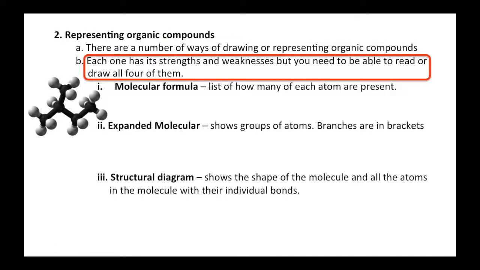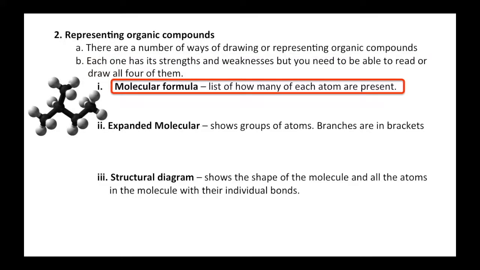Each has its strengths and its weaknesses. So let's take a look at what I mean by that. So there's a molecular formula. It just lists all the atoms like this: C5H12. This is 5 carbons, and 1, 2, 3, 4, 5, 6, 7, 8, 9, 10, 11, 12 H's. This C5H12 is one way to represent that molecule.